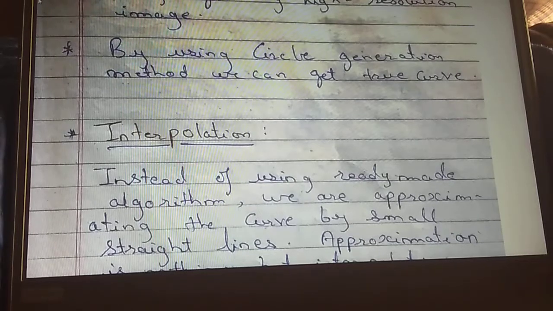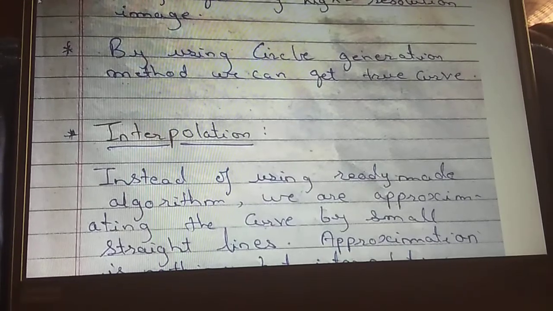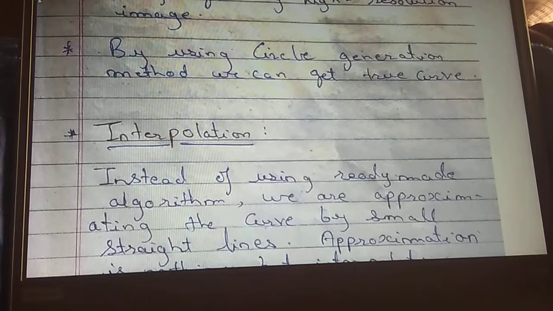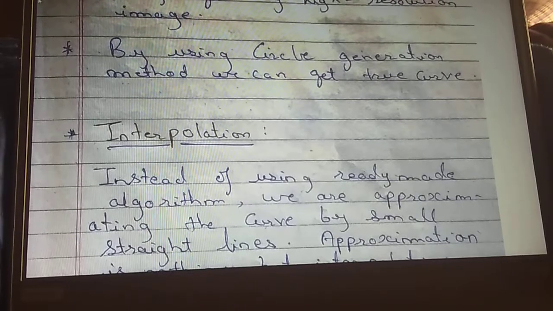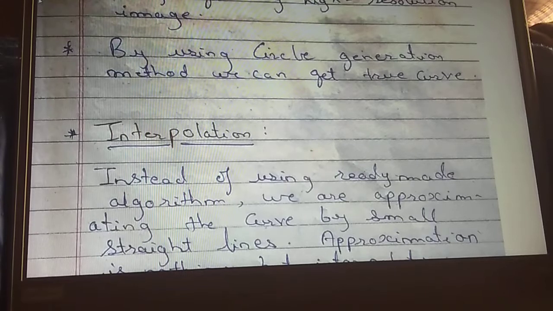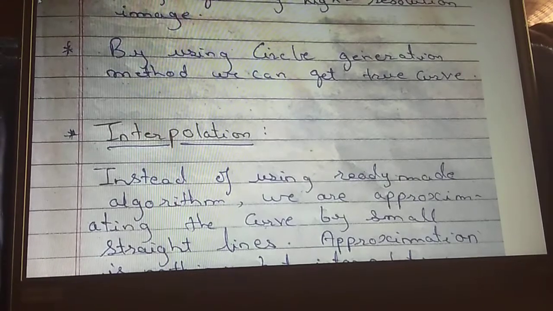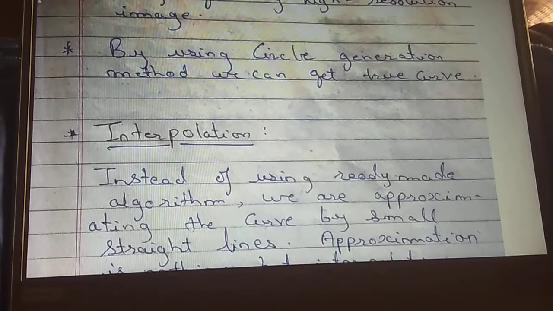Now here what we can do is use any ready-made algorithm to draw a curve, such as DDA. Now we know that DDA is basically used for line generation. So we can make use of a circle generation algorithm also to form different curves. By using algorithms such as DDA, Bresenham circle generation or midpoint circle generation, we will get the actual curve.